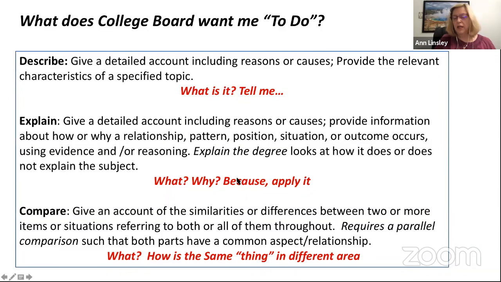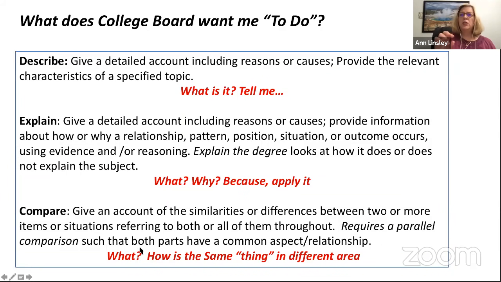Okay. Now compare, of the three task verbs, is the more challenging one here. Compare asks you to give an account of either the similarities or the differences, and you're looking at two different aspects of it. I'm going to show you that here in a few minutes, but this requires a parallel comparison.